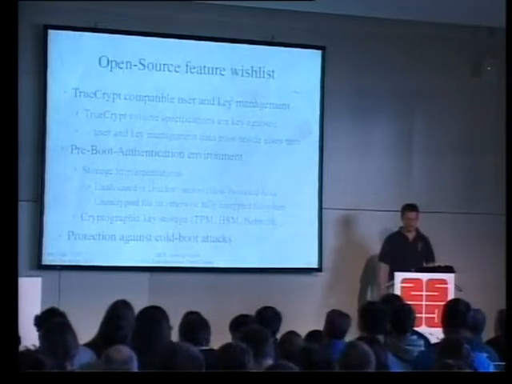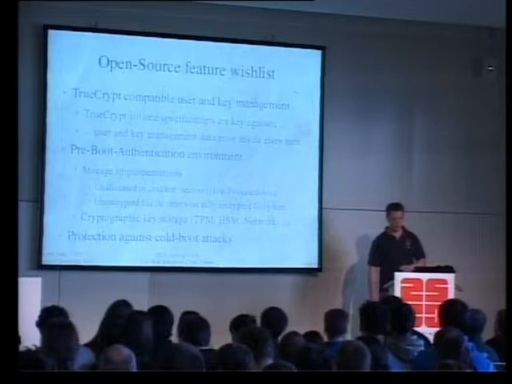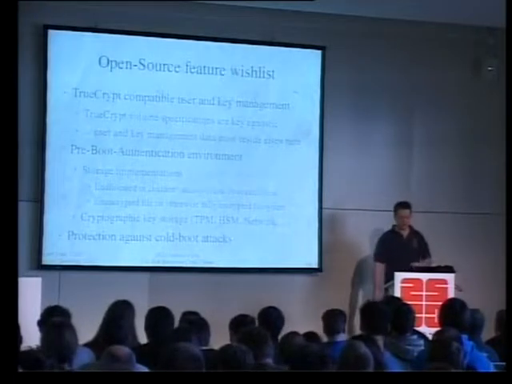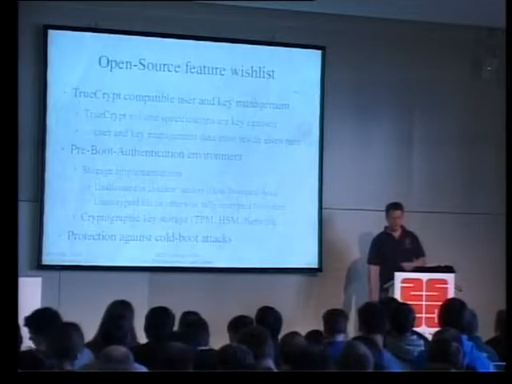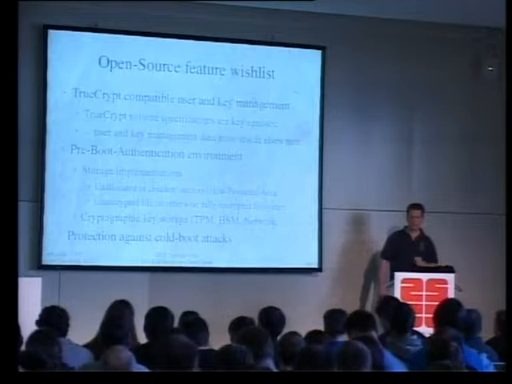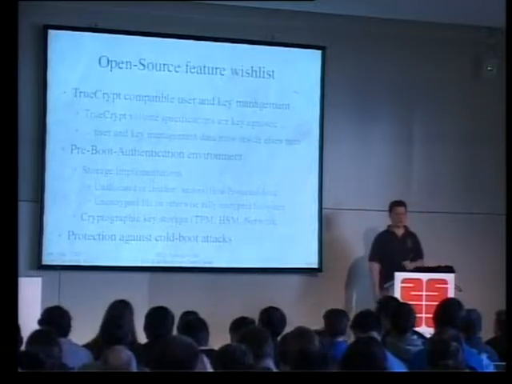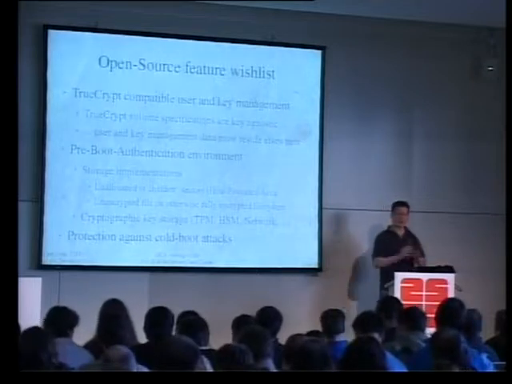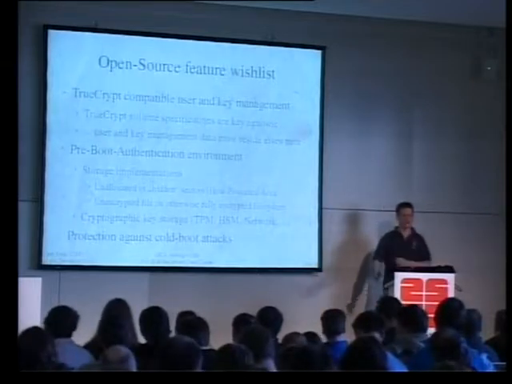Protection against cold boot attacks. I would say this is brief because I'm running low on time. So cold boot attacks, pretty much you're vulnerable to now. There are ways that you could theoretically protect against it right now by keeping the key material not in memory but inside the CPU, making it thus harder to get to.